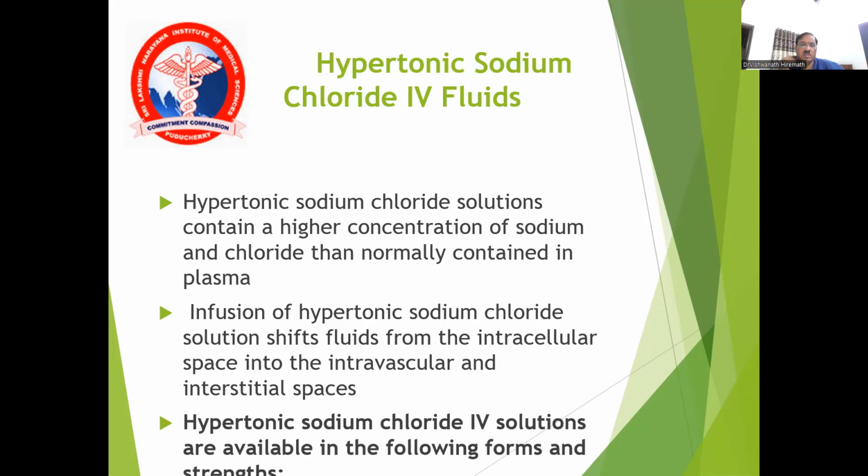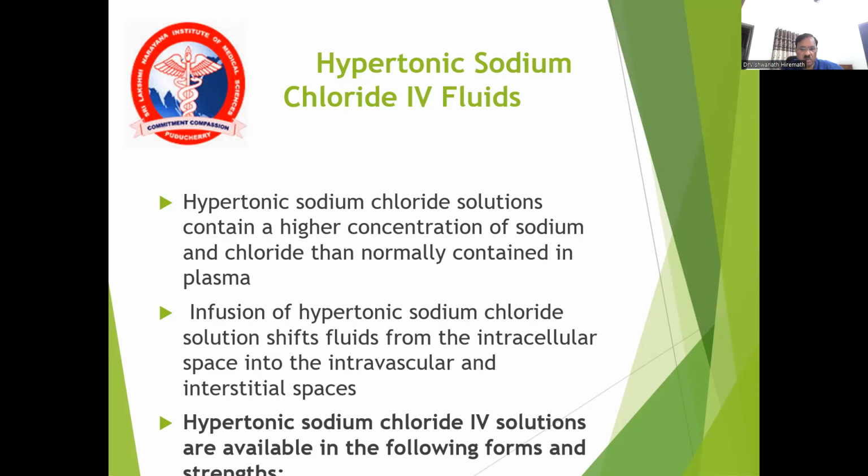Hypertonic sodium chloride solutions contain higher concentration of sodium and chloride than the normally present solutes in the plasma. Infusion of hypertonic sodium chloride solution shifts the fluid from the intracellular space to the interstitial and intravascular space.